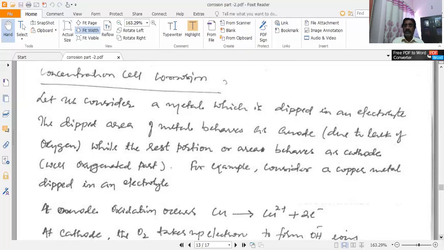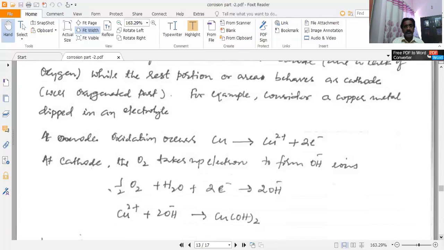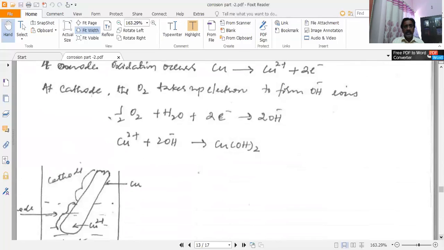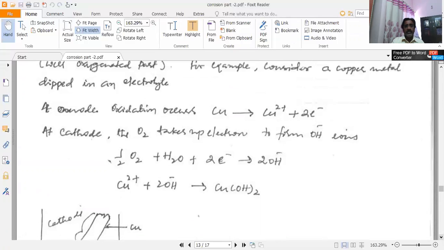For example, let us consider a copper metal dipped in an electrolyte. The portion of the metal which is inside the electrolyte solution acts as anode, and the rest of the portion acts as cathode.